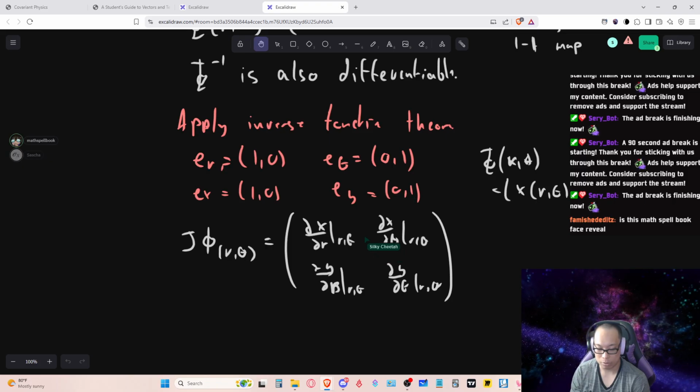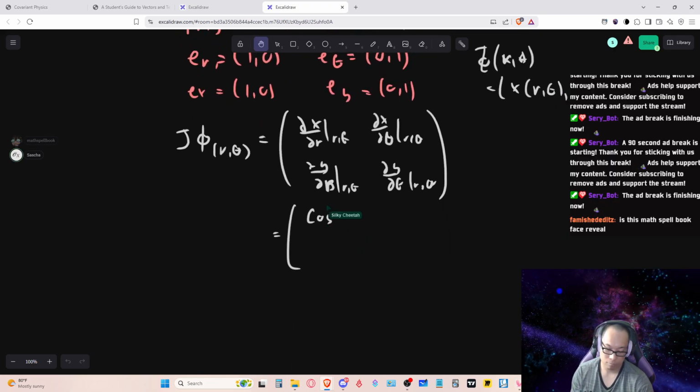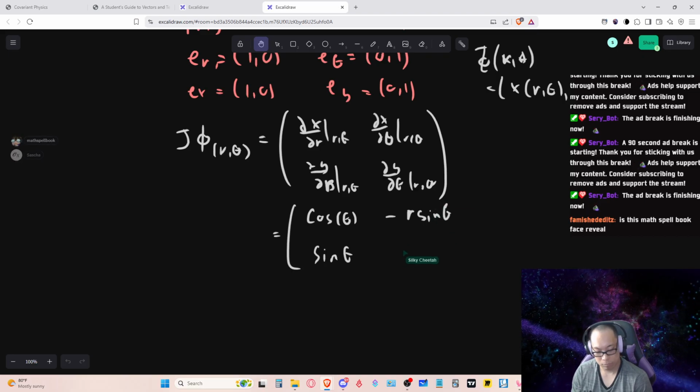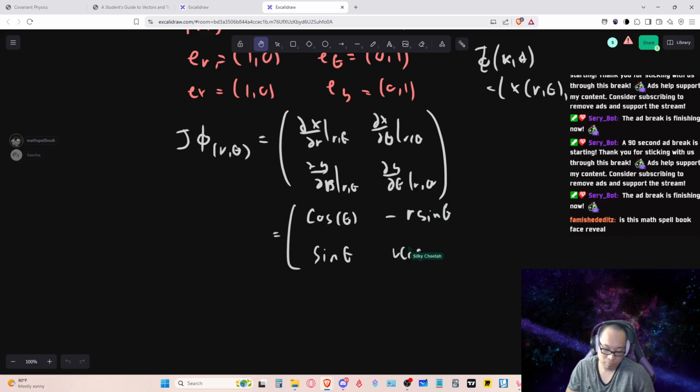The diagonal would be cosine, cosine, and the other diagonal would be sine and negative sine. Yeah. So if we do the computation, we get cosine theta, sine theta, minus r sine theta, and r cos theta.